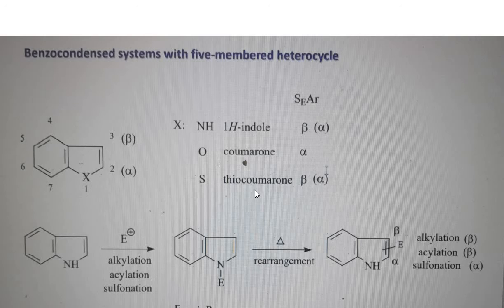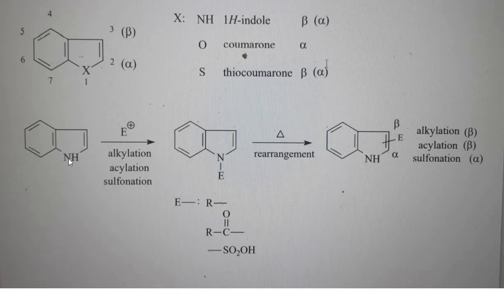So you can see alkylation, acylation, sulfonation attack like this. After heating, rearrangements: alkylation at the beta position, meaning the 3 position; acylation beta; but sulfonation at the alpha position, which is the 2 position.